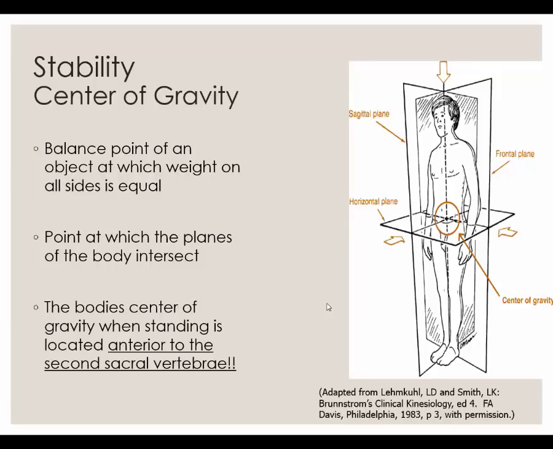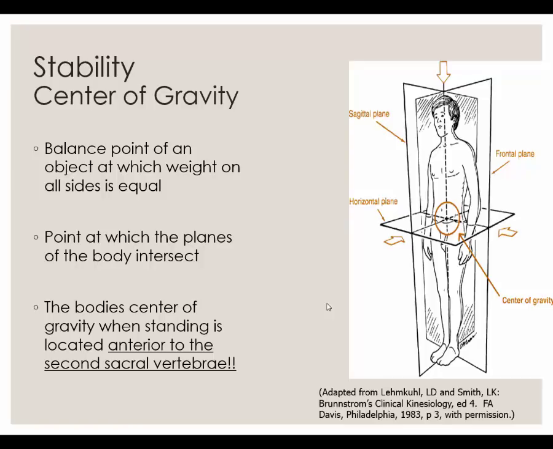Okay, so let's go on to stability and center of gravity. Center of gravity is the balance point of an object at which weight on all sides is equal. It's the point at which the planes of the body intersect. The body's center of gravity when standing is located anterior to the second sacral vertebrae. Make sure you know that.